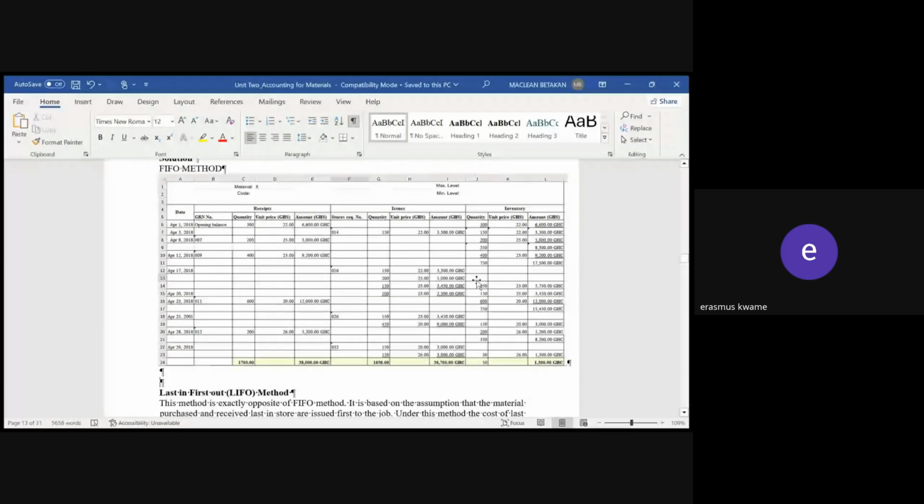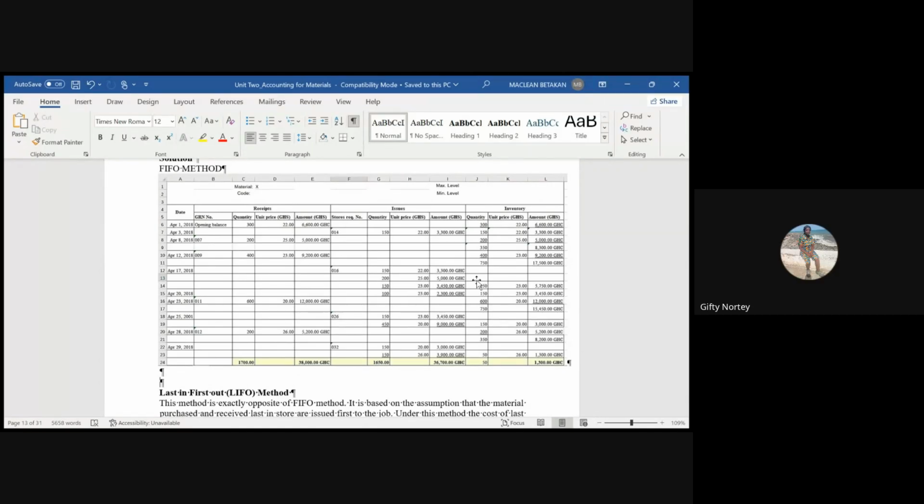It's 300 quantity, which is 6,000, the amount. The opening inventory is the 1,300, and the closing inventory is the 6,000.